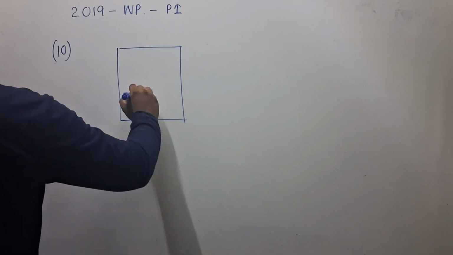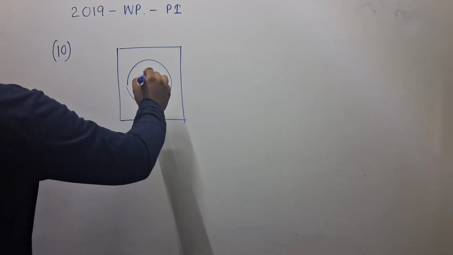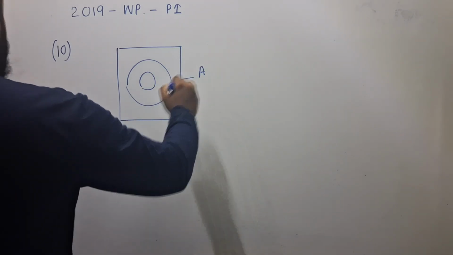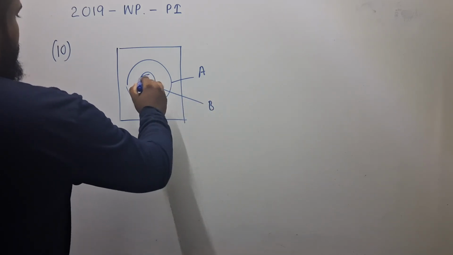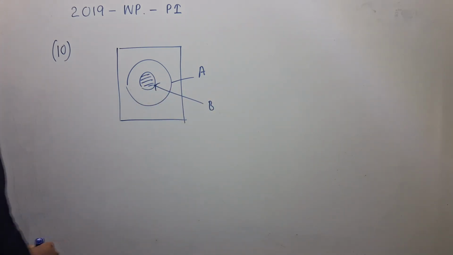Intersect means common. What is the common part for A and B? The whole B, because it's a subset.